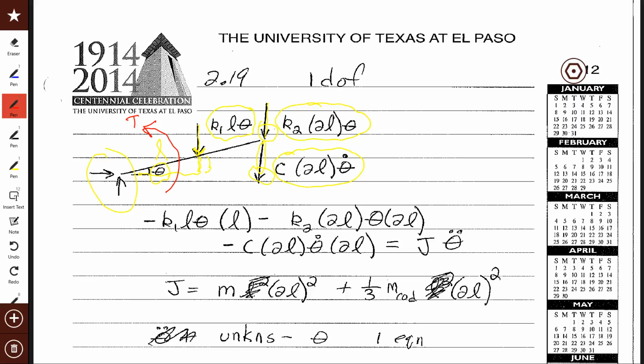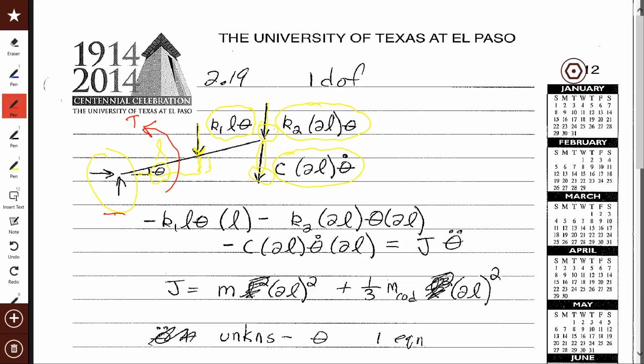Okay, so now I'm going to write the equations. The equations will be the summation of moments around the end. And so I have 3 forces and a torque. So let me put that torque in here.